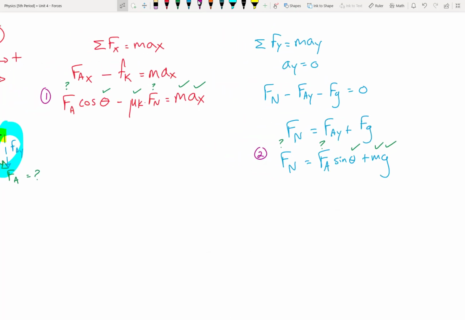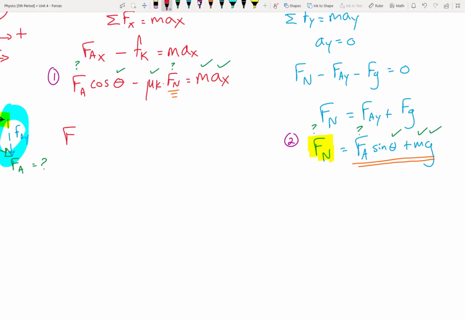We could just say, this Fn is isolated. Let's substitute this expression for the normal force, like we did before, in for Fn over here. And we're going to do that carefully, though. We're rewriting equation 1 over here, red, minus mu k.